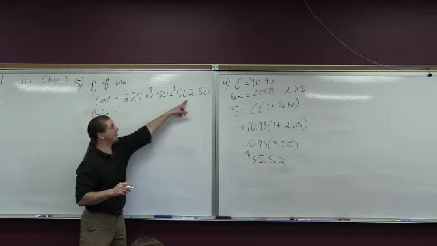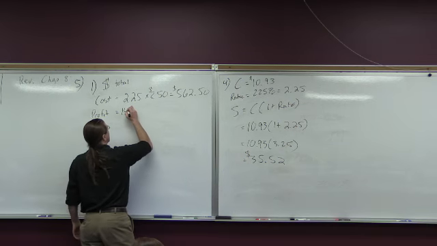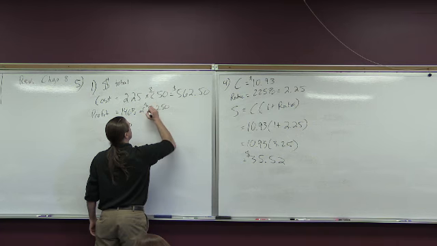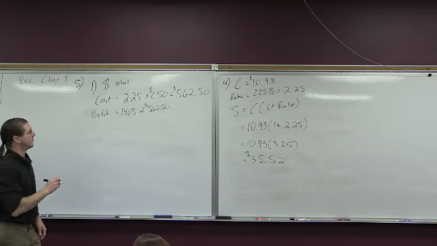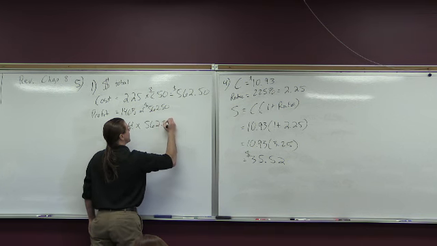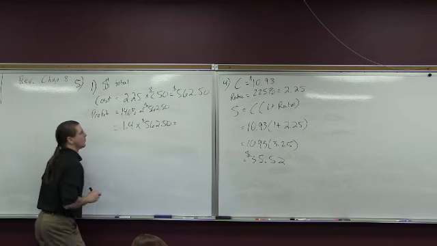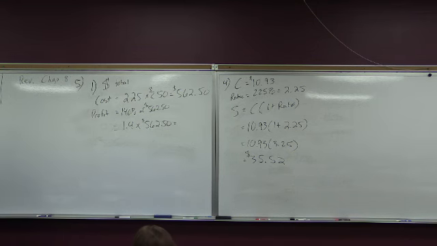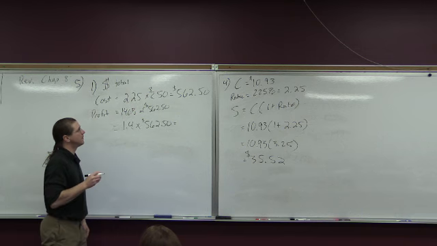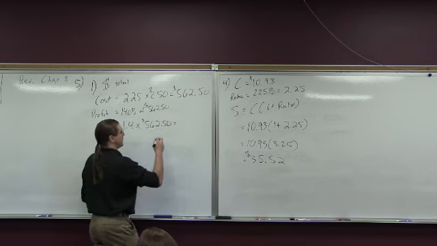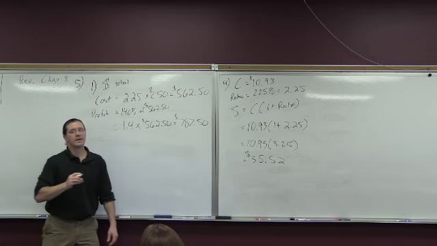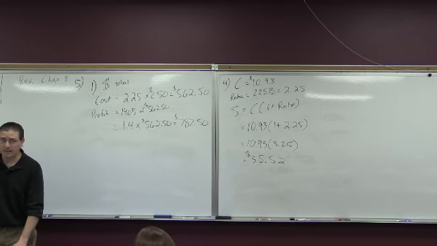So 140% of this number, 140% of $562.50, which is 1.4 times $562.50. How much money am I going to make in profit or donate? $787.50? Yes. Okay. What do I do with those two numbers?